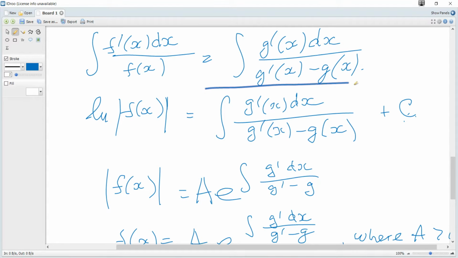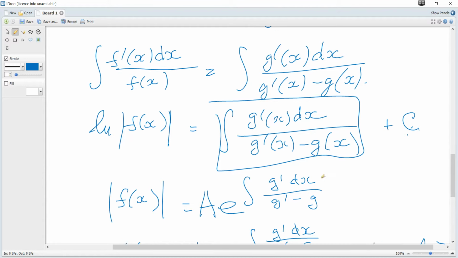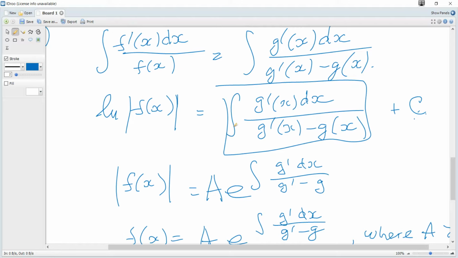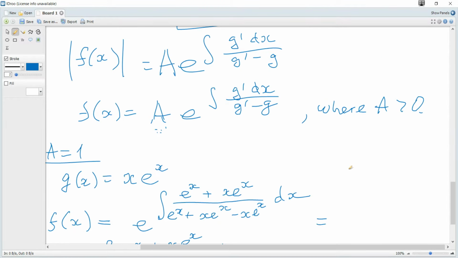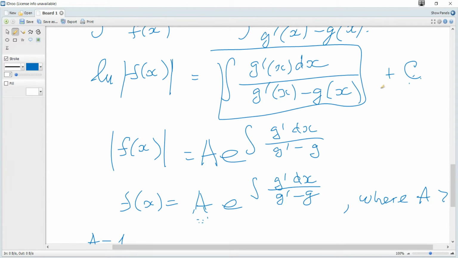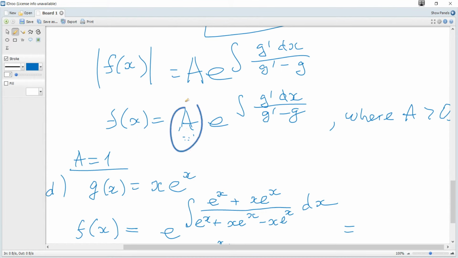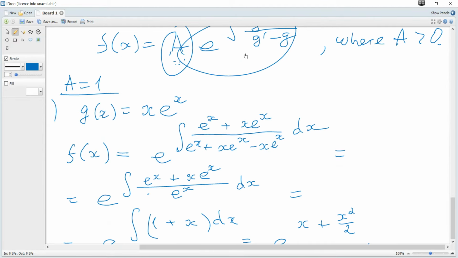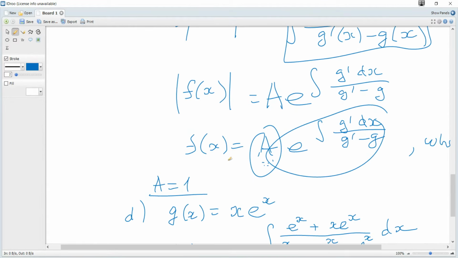Notice that we just calculate the integral only without a constant, because in general we consider this differential equation again, and it's the result of this integration plus a constant, and the constant is here, but it is given that a is 1.